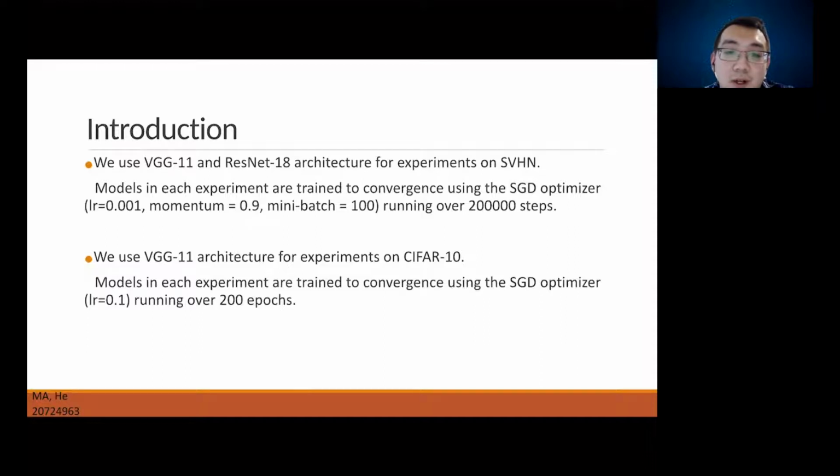Every model will run over 200,000 steps. And for experiments on CIFAR-10, we use the VGG11 architecture. Models in each experiment are trained to convergence using the SGD optimizer. The learning rate is 0.1, running over 200 epochs.